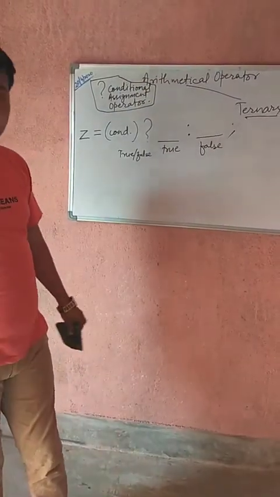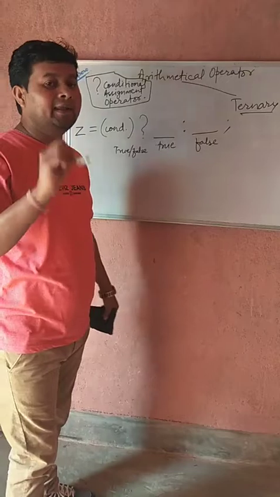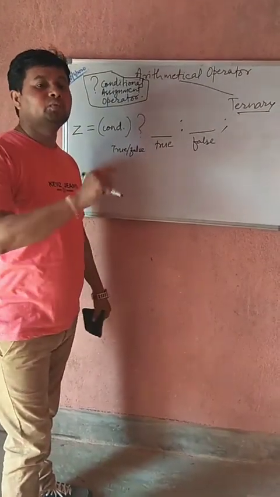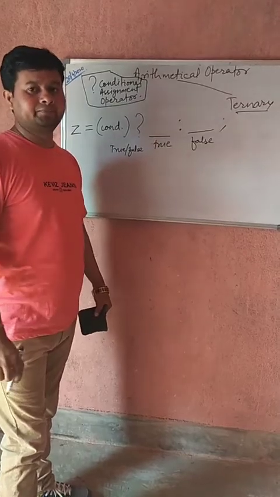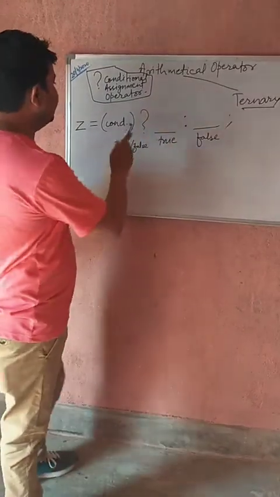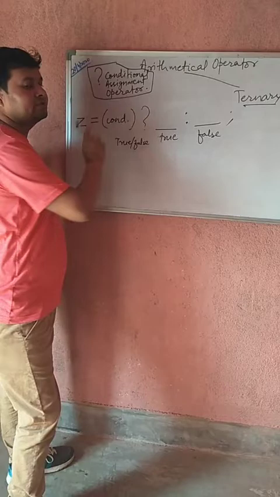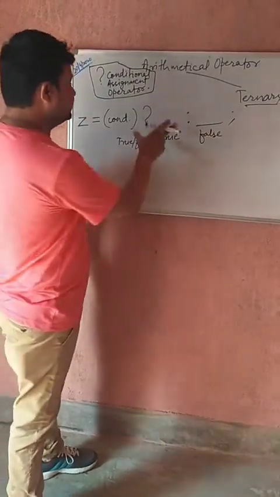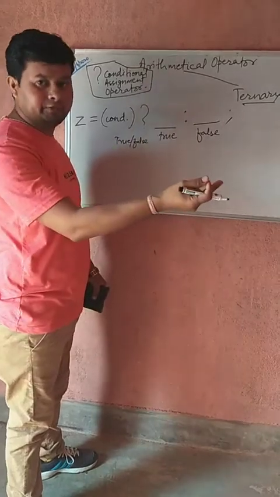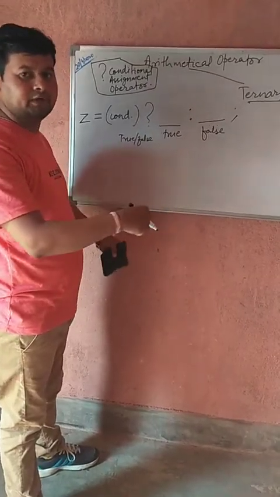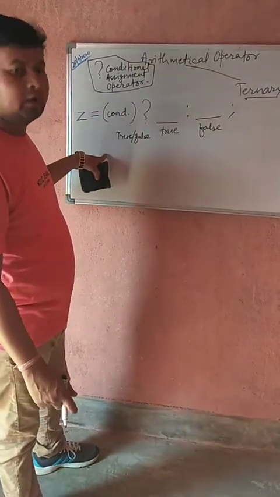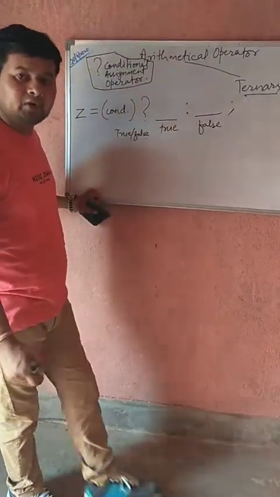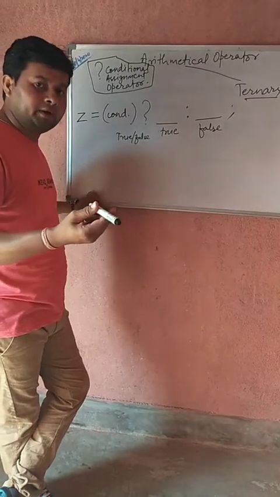Okay. Sometimes a question is asked, what is, and then it gives a question mark. It means what is the conditional operator. Understood? This conditional operator is the alternative for if else. It means each statement can be converted into if else. We will see one example. Once again, this question mark is known as the conditional assignment operator or ternary operator.